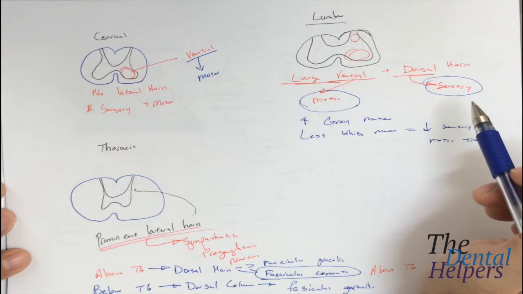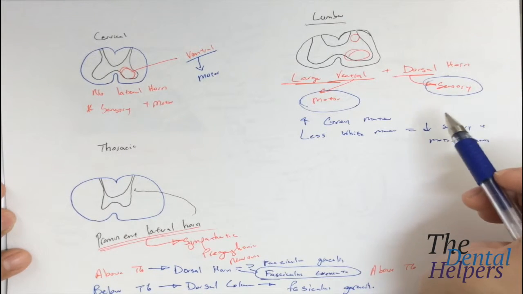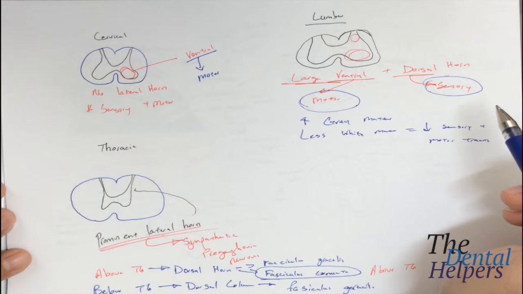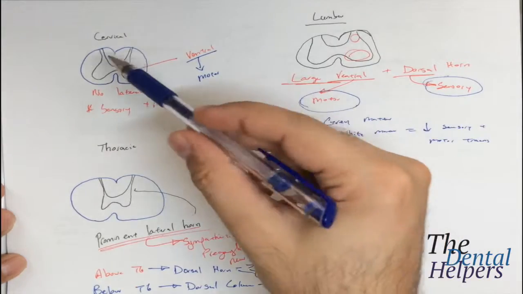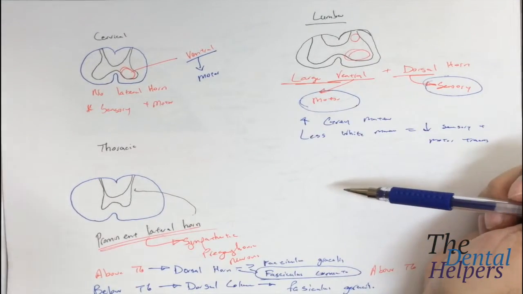And we're going to have an enlargement of the lumbosacral, which means neurons related to the lumbar sacral plexus as well as innervation of the lower extremities. So that's the big difference between these three different areas of the spinal cord.